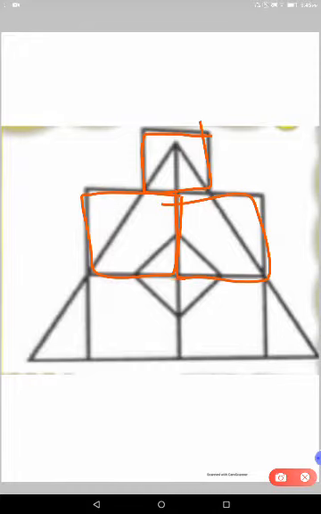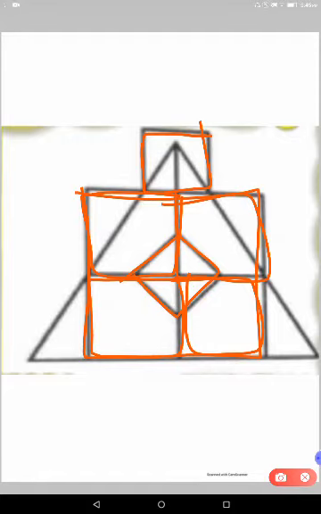Now, number of squares: 1, 2, 3, 4, 5, 6, 7. So there are 7 squares in the picture.